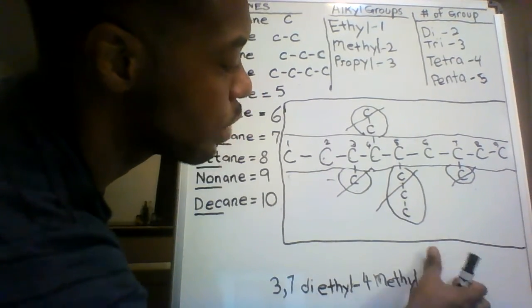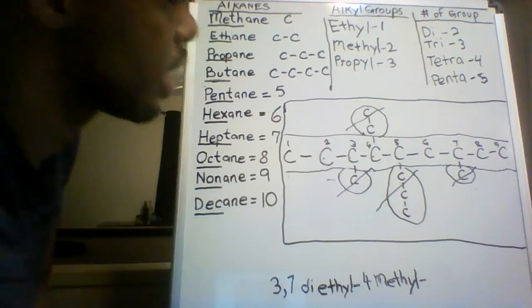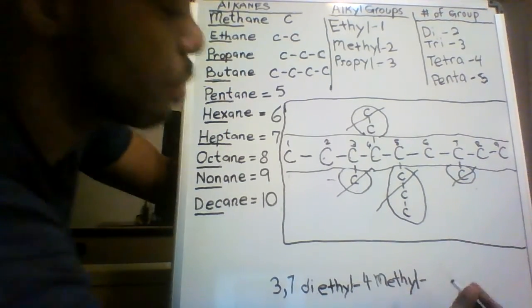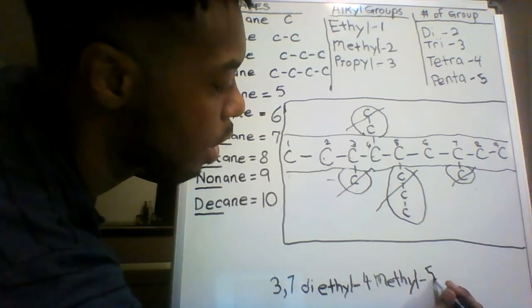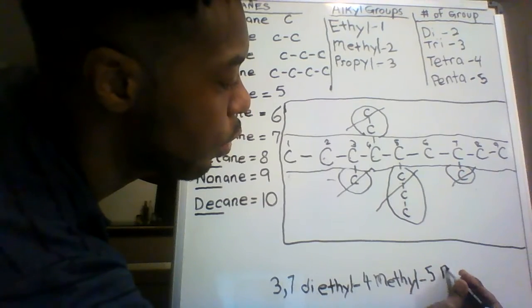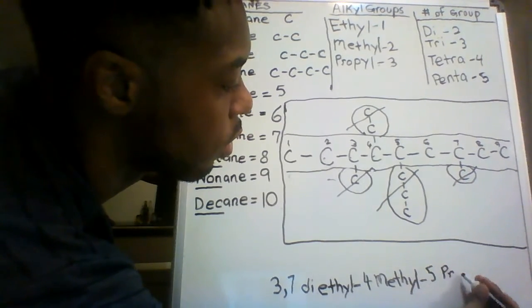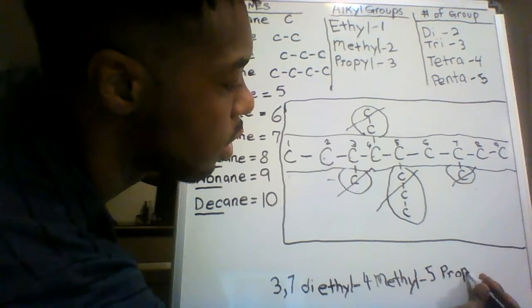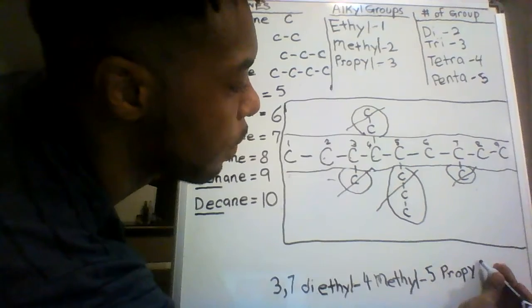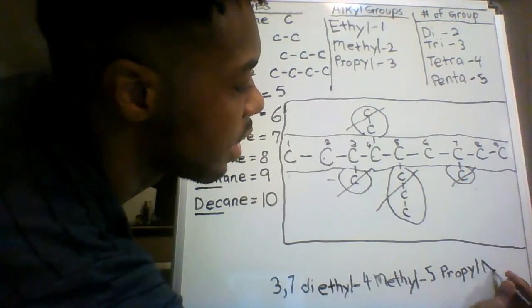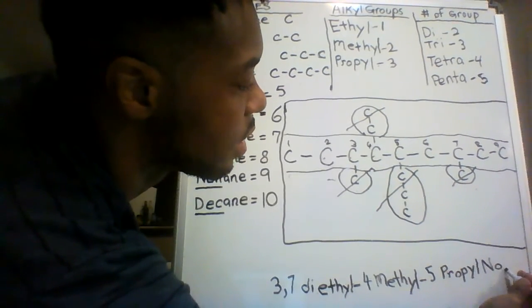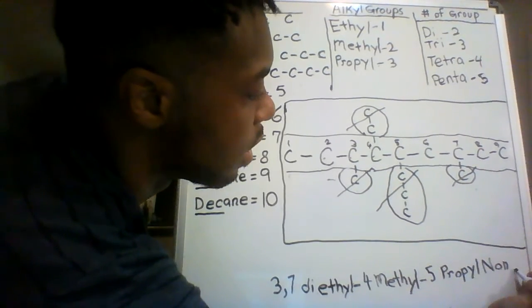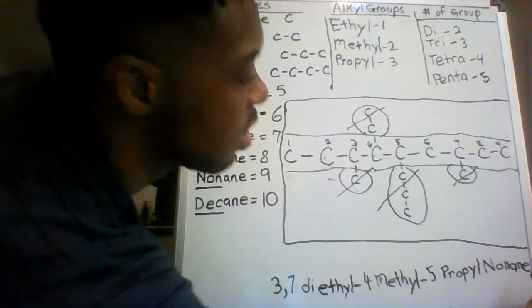Since this is the last one, we're going to finish it strong and combine our nonane with it. 5-propylnonane, because it's a 9 and E.